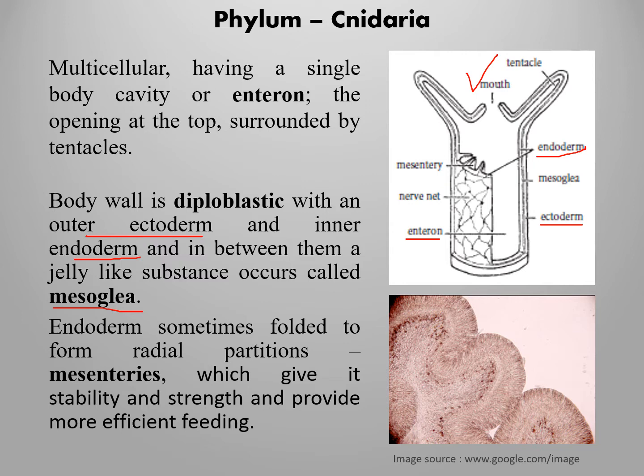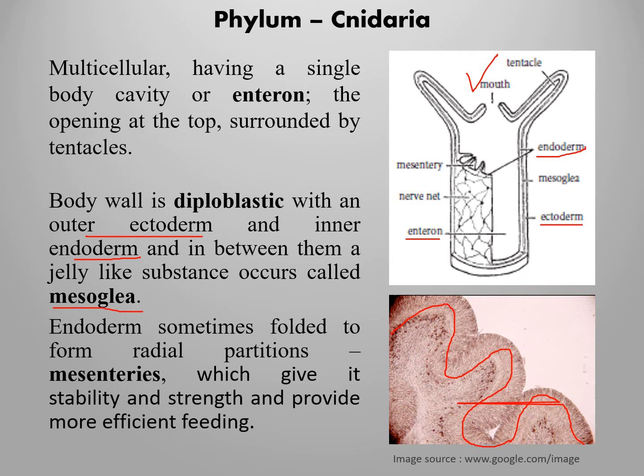Now the mesoglea, in its innermost portion there occurs the endoderm. So basically mesoglea is constrained within the gap between ectoderm and endoderm. Now the endoderm is often found intricately folded, like what you can see in this picture below. Here you can see the endoderm is intricately folded. Basically this entire endoderm acts as a gastrovascular mass.